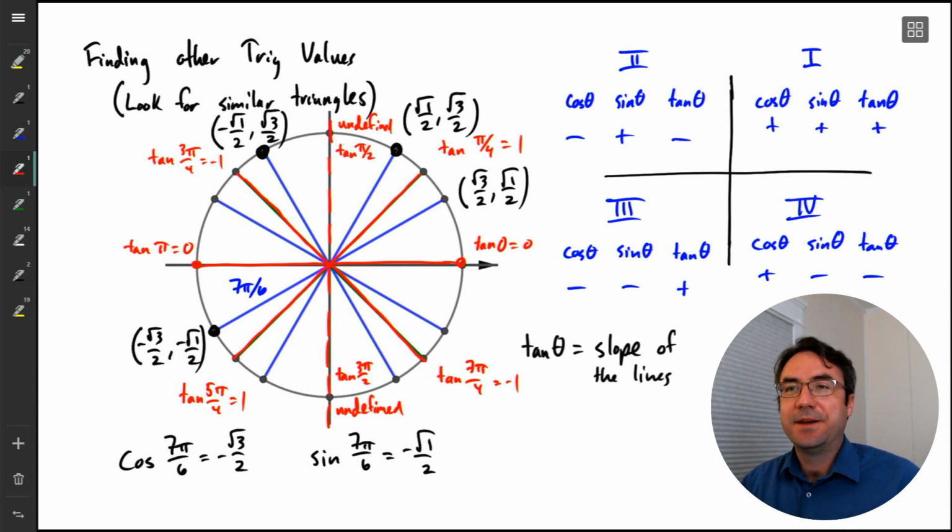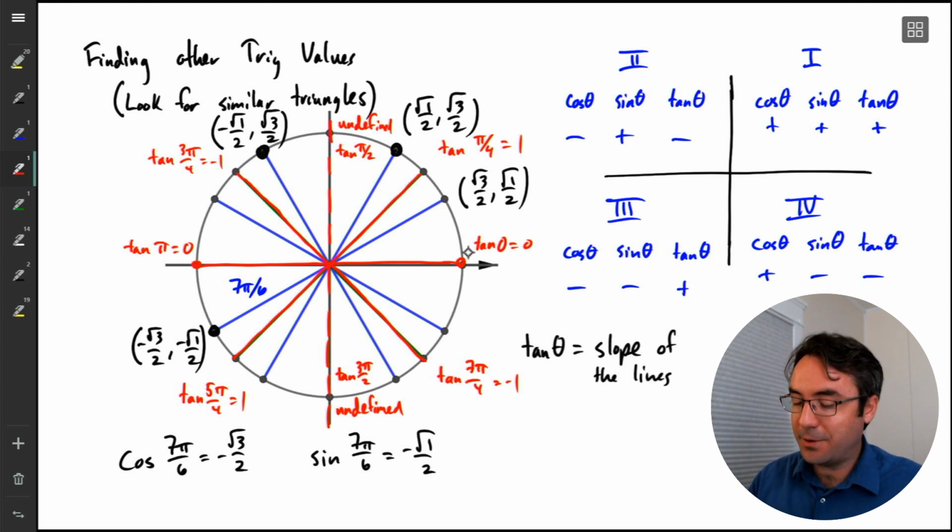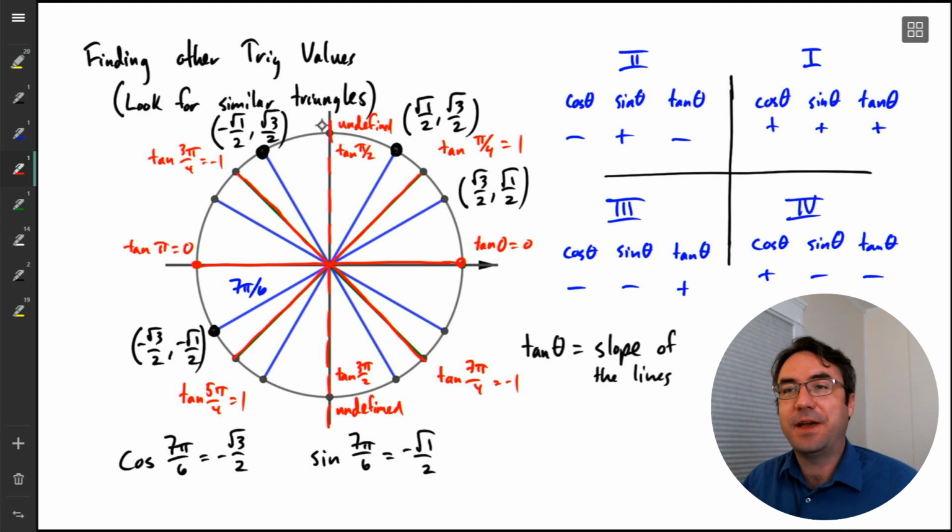So that's just a way to help remember the values for tangent here. If we remember the first quadrant, we can find all the important values for sine and cosine, and then once we find those, we can find tangent. But for a few of these, it might be easier to think of the values for tangent in terms of these slopes.